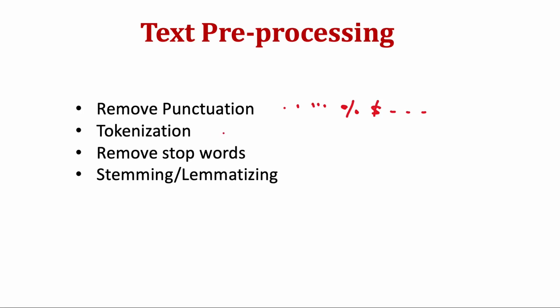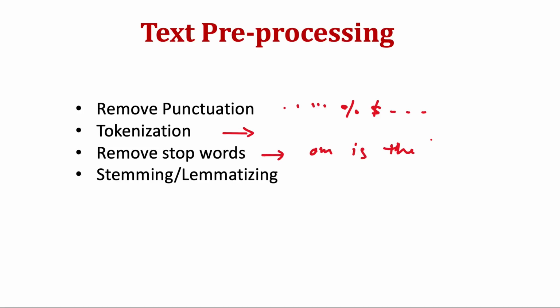And then we can do tokenization. That is, we will convert the raw text into words. And then remove the stop words like am, is, the, and these words, which do not add any significant meaning to the context of those texts.